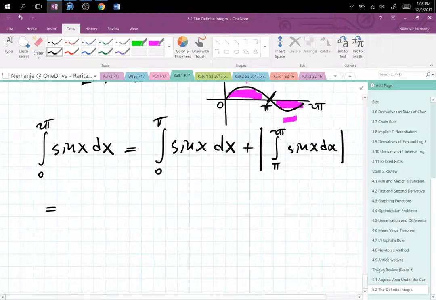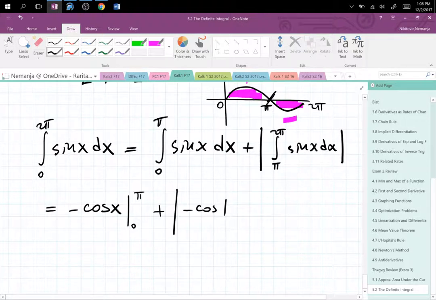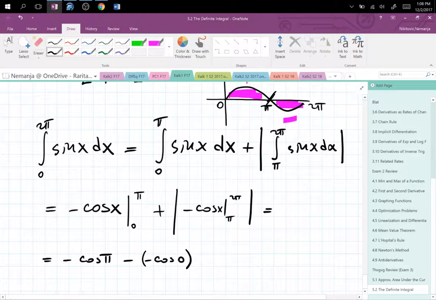What's the integral of sine? Very good. Negative cosine from 0 to pi plus absolute value of negative cosine of x from pi to 2 pi. So now you have negative cosine pi minus negative cosine of 0. Remember that there is a minus in the formula. It's f of b minus f of a.